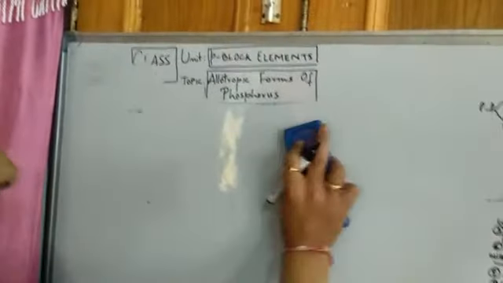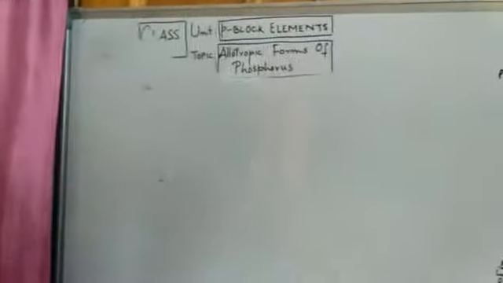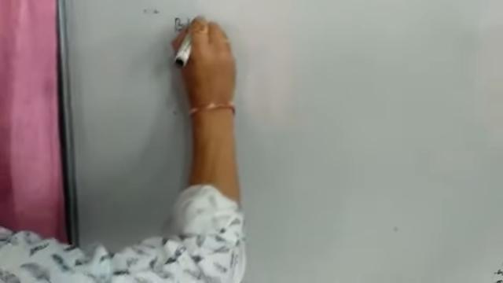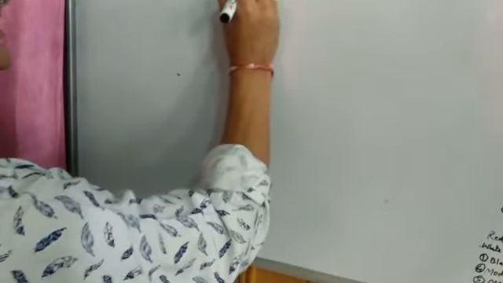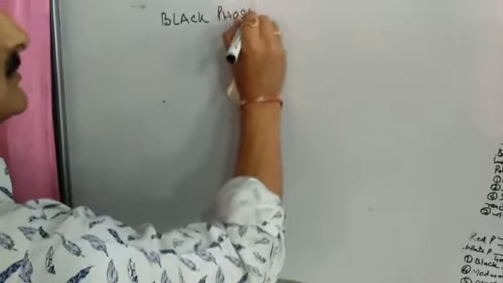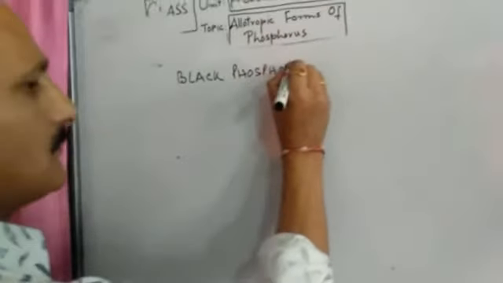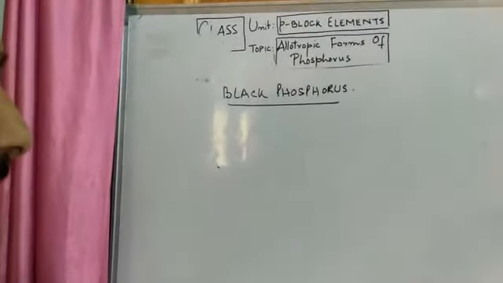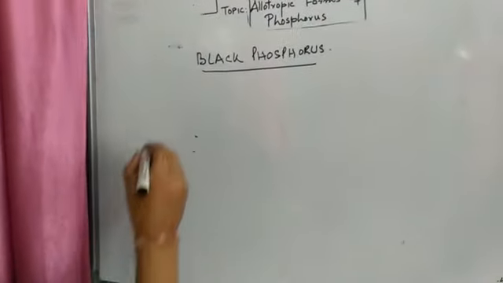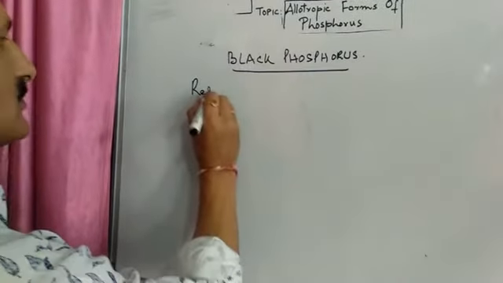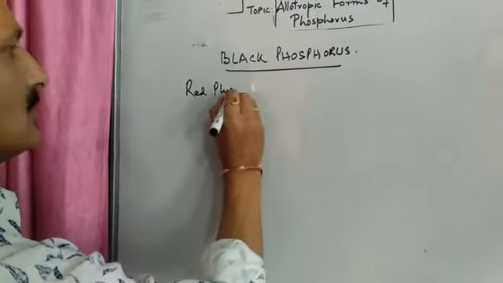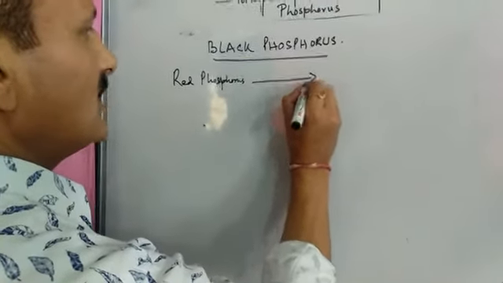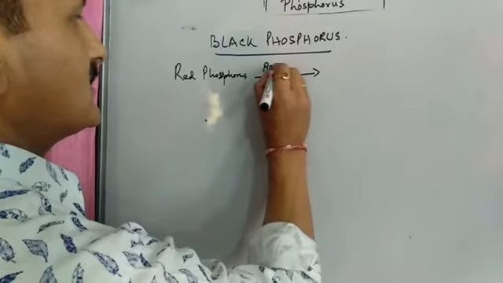Now coming to the third allotropic form of phosphorus, that is black phosphorus. Black phosphorus can be prepared by heating red phosphorus. We take red phosphorus and heat it in a sealed tube at a temperature of 803 Kelvin.